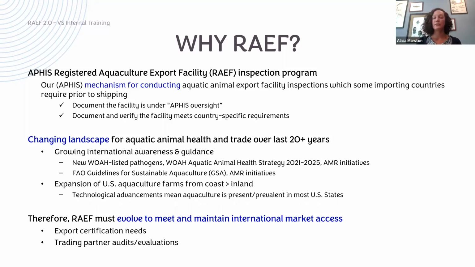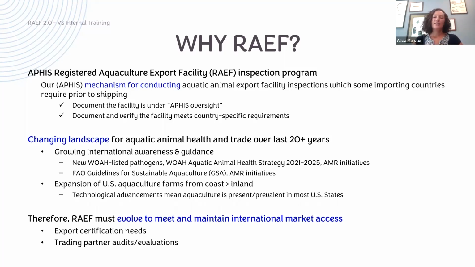And then also as a result of that, we're having states that are maybe increasing their own regulations for aquatic animals, or this is the first time that they now have an aquaculture farming industry in their state. And so they're working to put together their own state requirements.